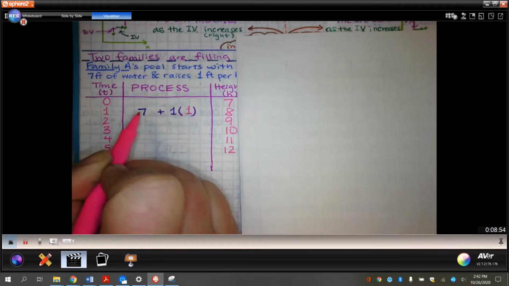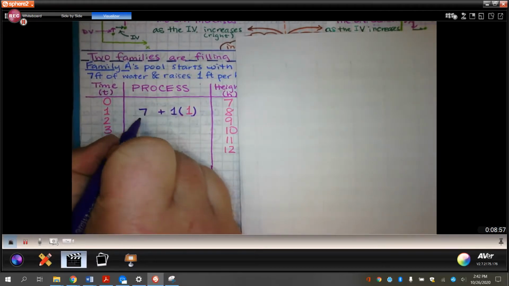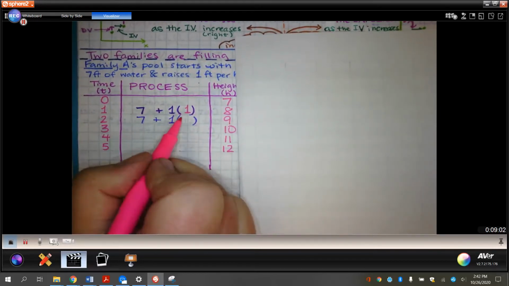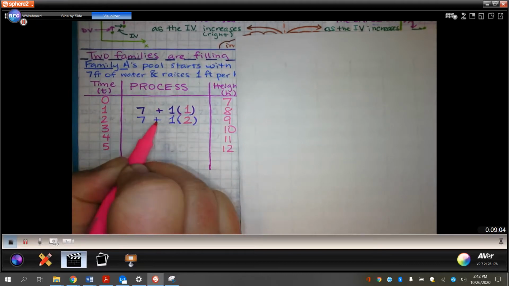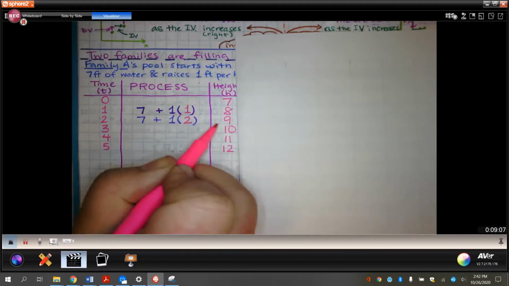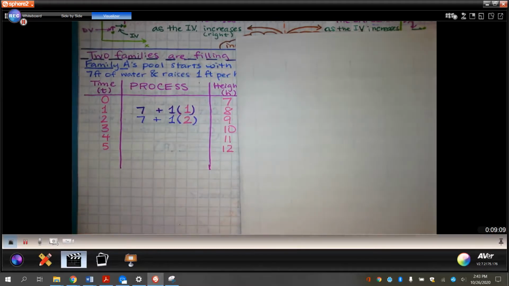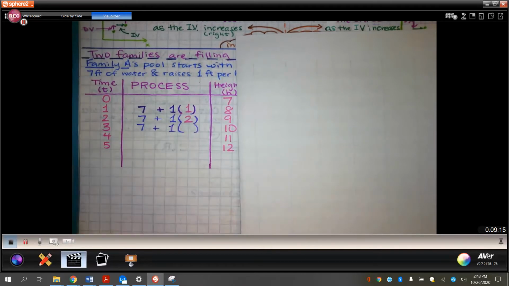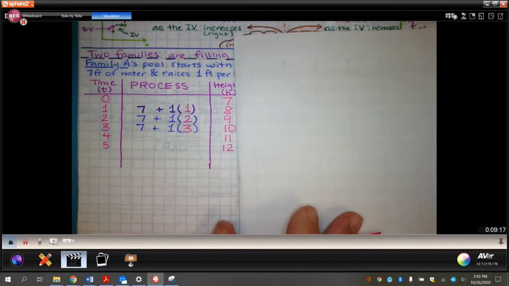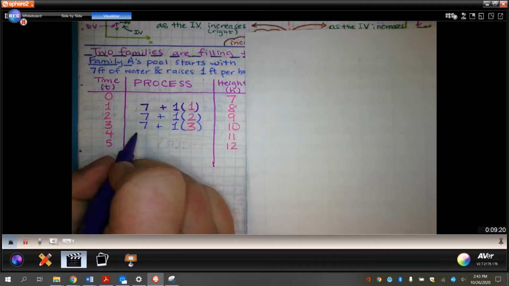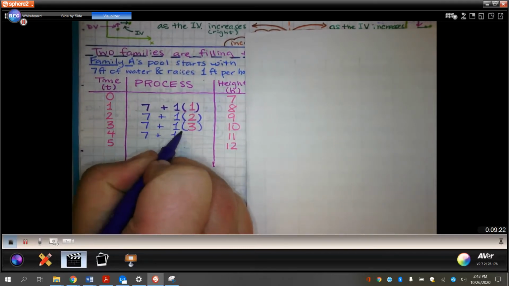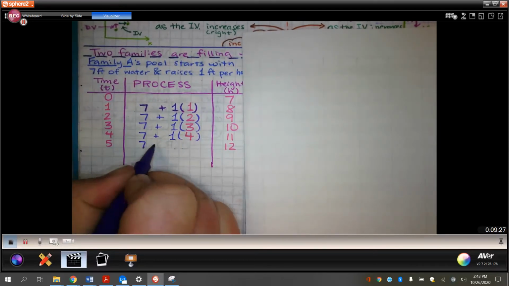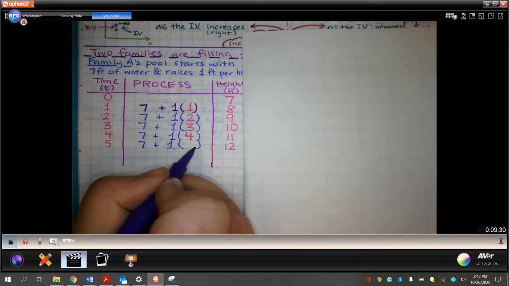Then again, we start with 7 plus 1 foot per hour, and if 2 hours have passed, then that's 7 plus 1 times 2, so that's 9. Then 7 plus 1 foot per hour times 3 hours, which makes 10. 7 plus 1 foot per hour times 4 hours, that's 11. And lastly, 7 plus 1 foot per hour and 5 hours have passed makes 12.